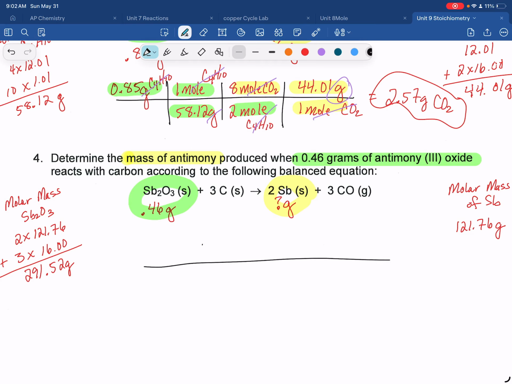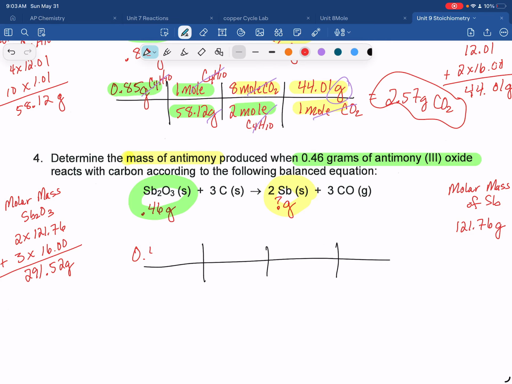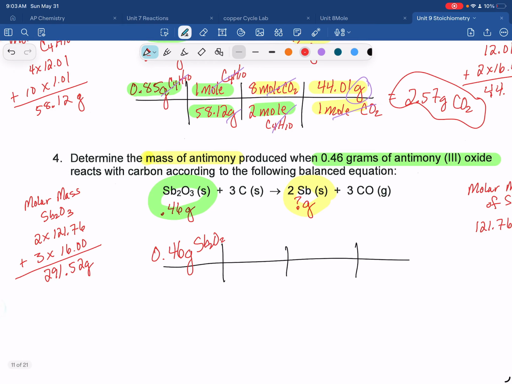Here we go. Starting number goes at the beginning, as always. Okay, I gotta finish this up because my iPad's dying. Molar mass comes next.